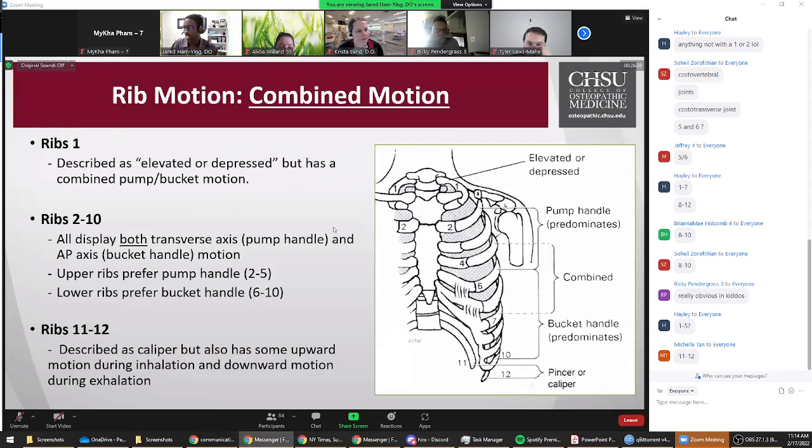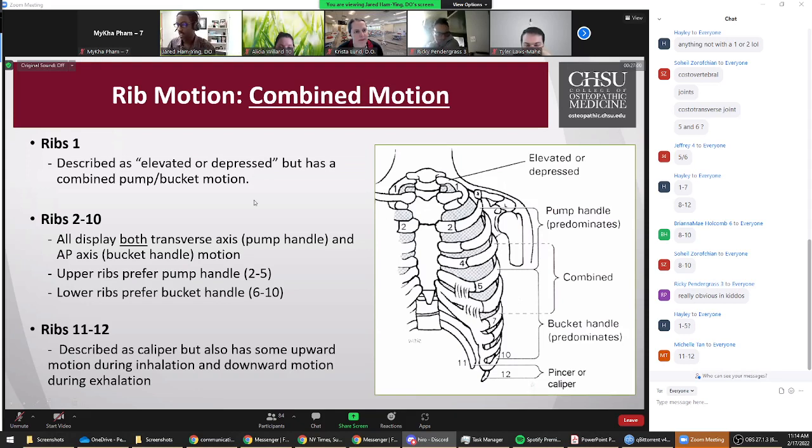Again, showing here the fact that they are actually a little bit combined with the real motions that you'll note palpably when you're doing your exams today. Again, 1 to 5 pump, 6 to 10 bucket, and 11 to 12 caliper, but that rib 1 mostly is going to be an elevated and depressed superior inferior kind of motion. So it actually kind of more so resembles that kind of bucket motion, but again, we're just elevated depressed.